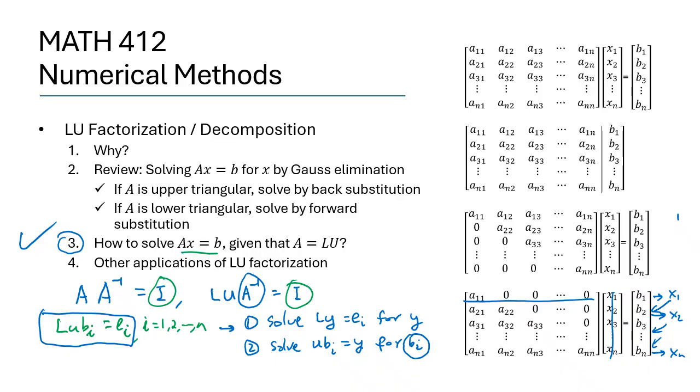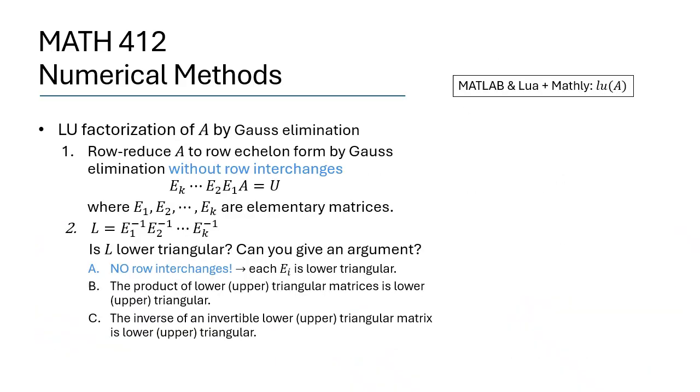Okay, that's why we should have this. LU factorization, and now we'll study how to obtain LU factorization of a square matrix. And as you already know, we do operations on which one? On matrix.